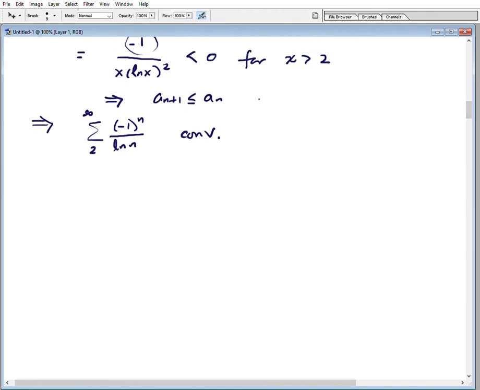In other words, you should know the answer ahead of time, and then figure out how to prove the result. So now we're looking at absolute convergence. We're looking at the sum of 1 over ln n.